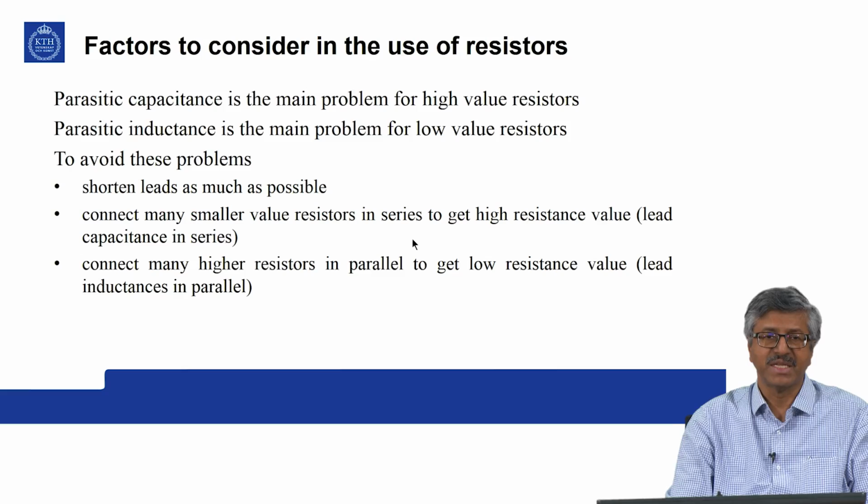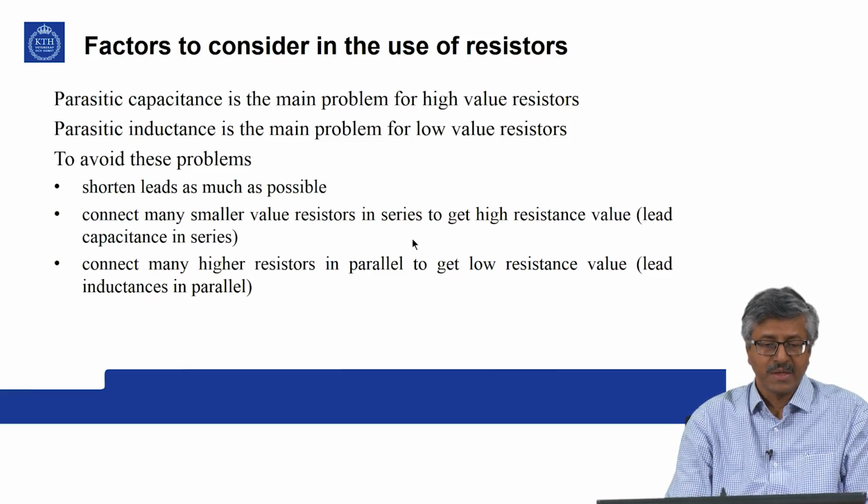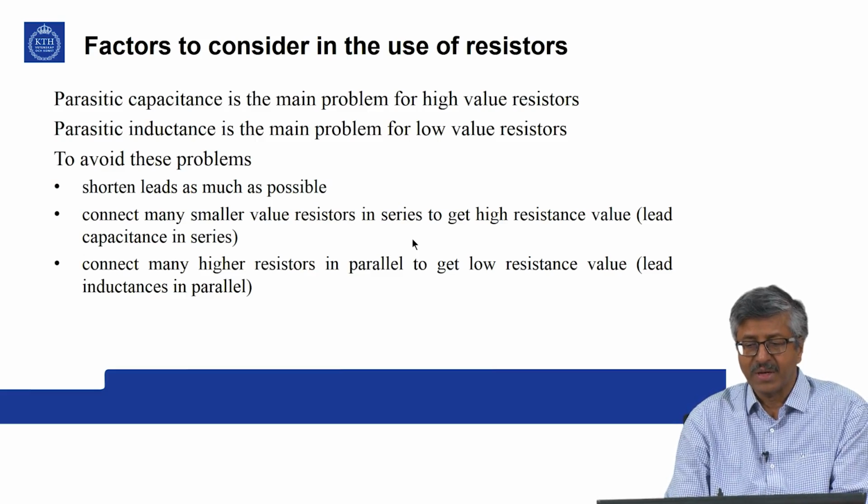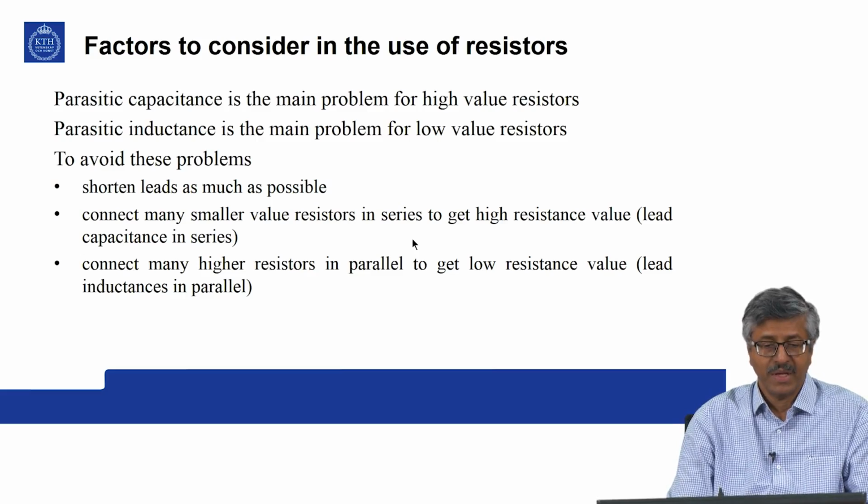So then parasitic capacitance values are coming in series. So effectively you are reducing it. Now if you want a low value resistor, you can take slightly higher value resistors and connect them in parallel, because then you are connecting all the parasitic inductances in parallel, effectively reducing the inductance problem.